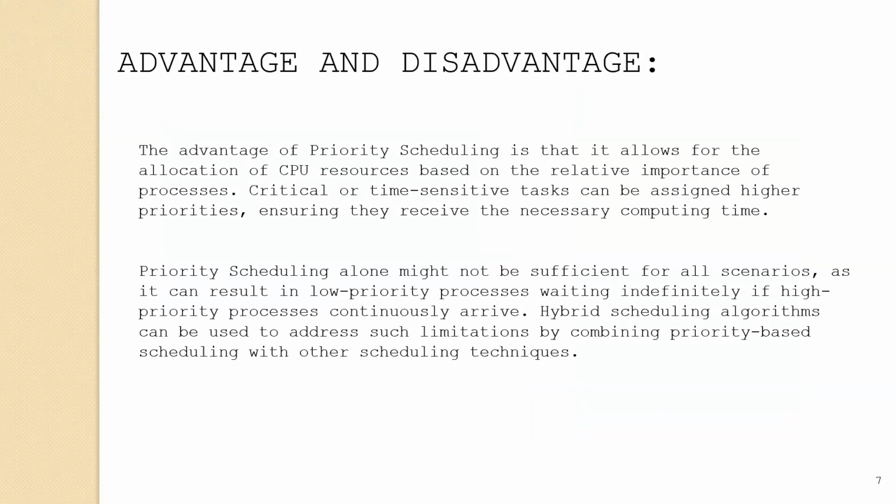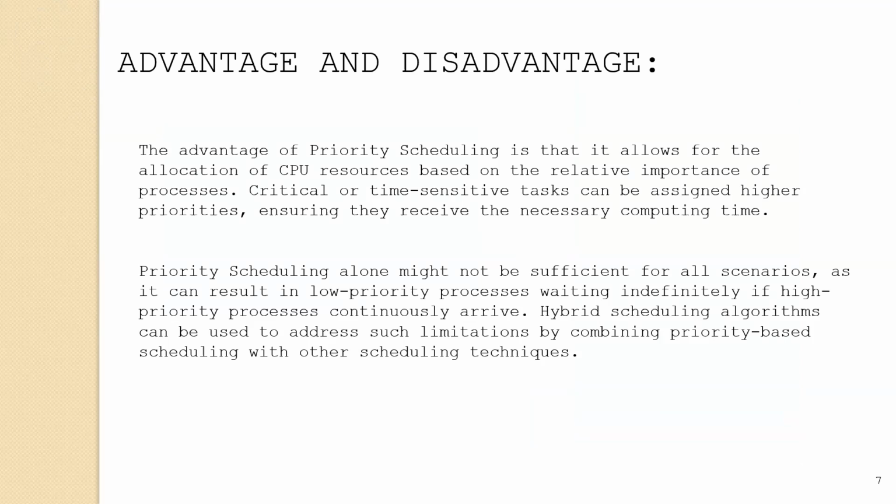Let's check out the advantages and disadvantages of priority scheduling. Advantages: priority scheduling allows for the allocation of CPU to processes based on their relative importance. Time-sensitive tasks can be assigned higher priorities, ensuring they have the necessary computing time.